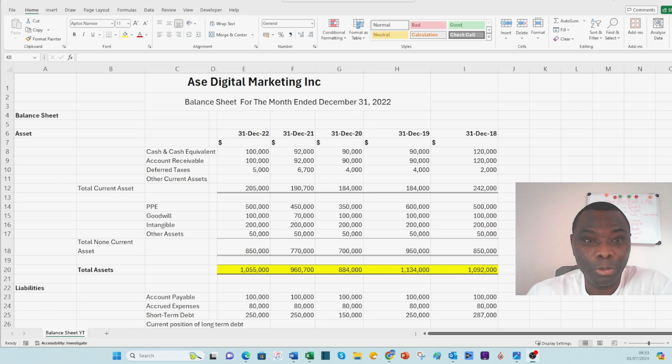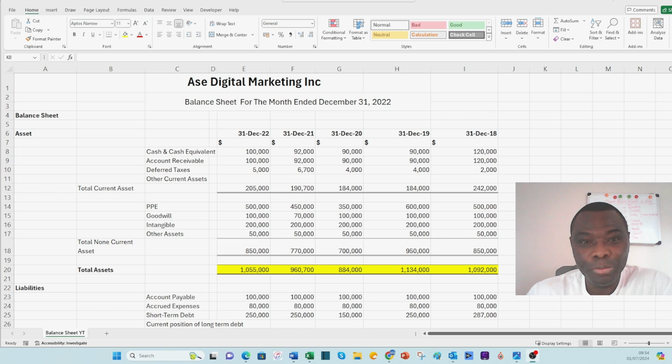I want to know what are my exposures, and your exposure means your risks in terms of your accounts payable, accounts receivable, and your cash, because in finance we say cash is king. And it is true that cash is king, because without cash you won't be able to pay your suppliers. Without cash you won't be able to pay your employees.